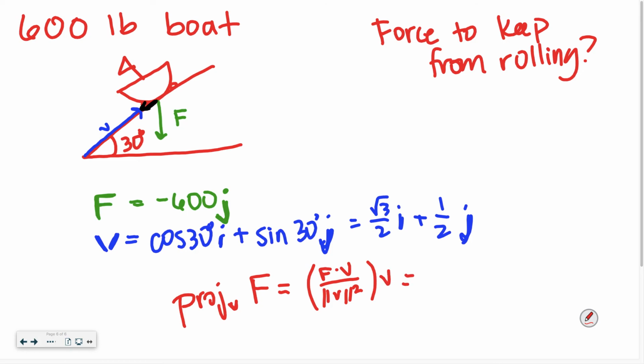Okay, so if we take the dot product of these two, what do we get? It's not a hard question. Of F and V? It would be 0, negative 300. What is the magnitude of V? Oh, right. Yeah, it's 1.